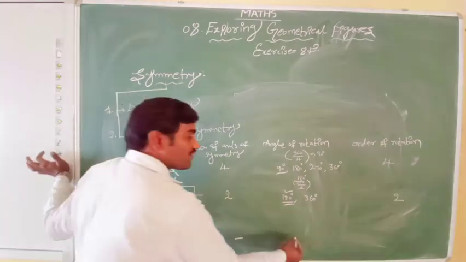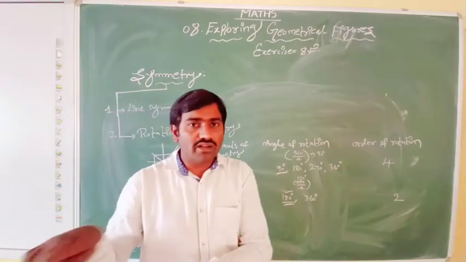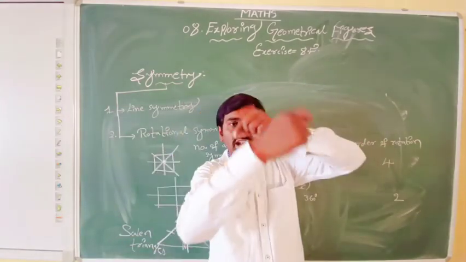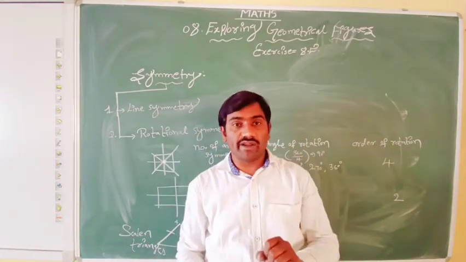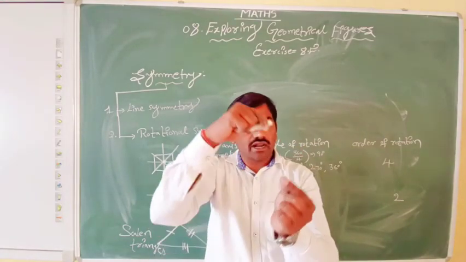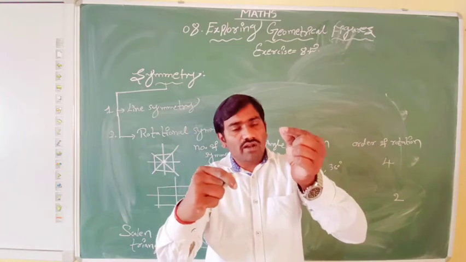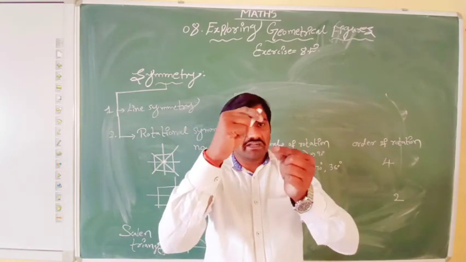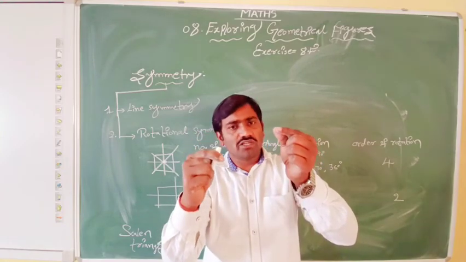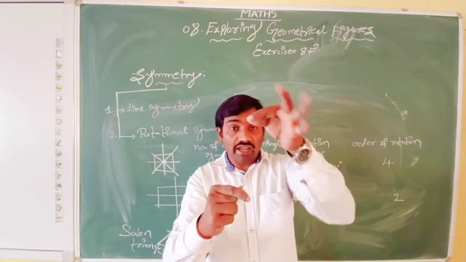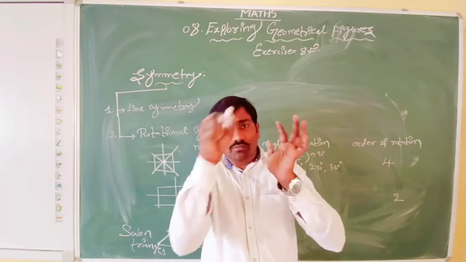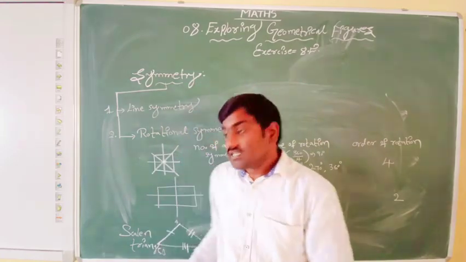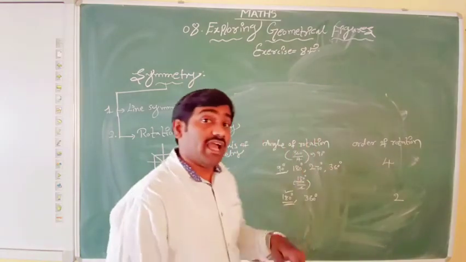But we can rotate the scalene triangle. Take a scalene triangle and rotate it at 130, 150, 180 degrees, again 270 degrees, and 360 degrees at the rest position. Only when you rotate it completely to 360 degrees does this scalene triangle look the same as before.